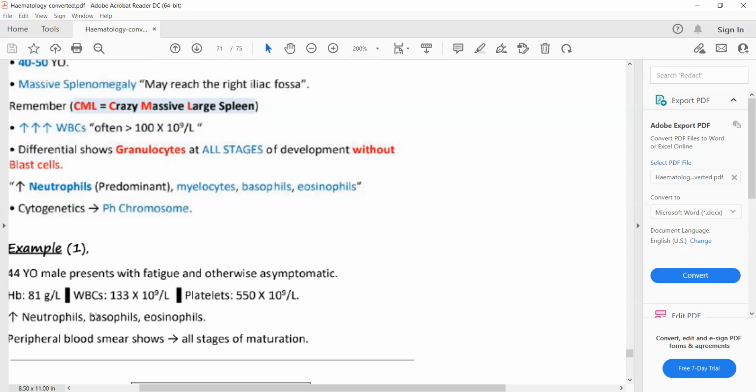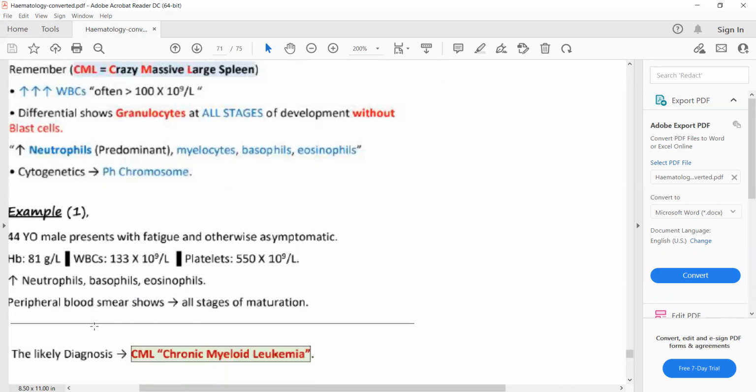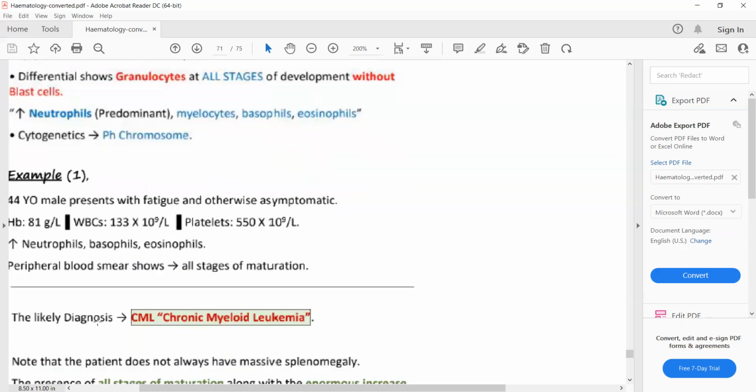So mild anemia and raised WBC count, and peripheral blood shows all stages of maturation of neutrophils, eosinophils, and basophils. Our diagnosis is chronic myeloid leukemia. So this is one way by which a question of chronic myeloid leukemia will be asked.